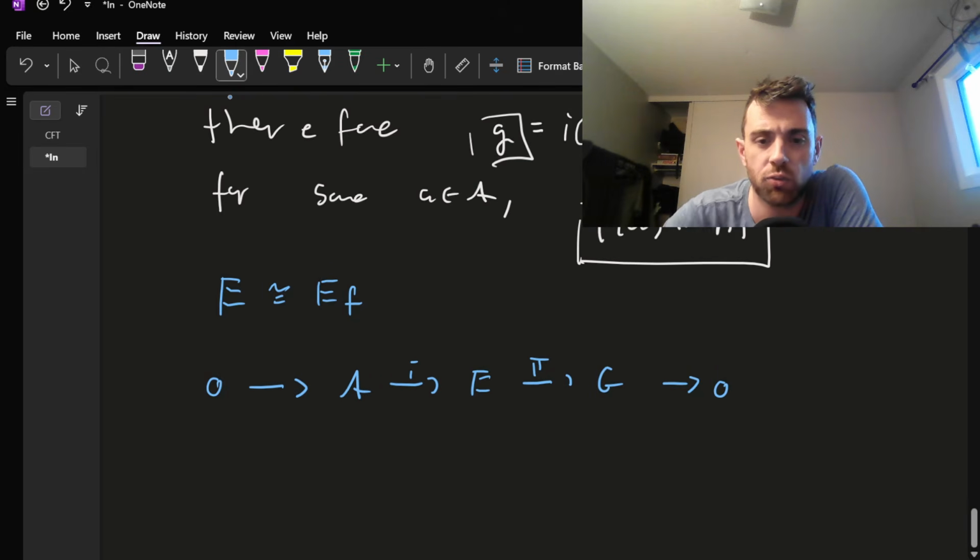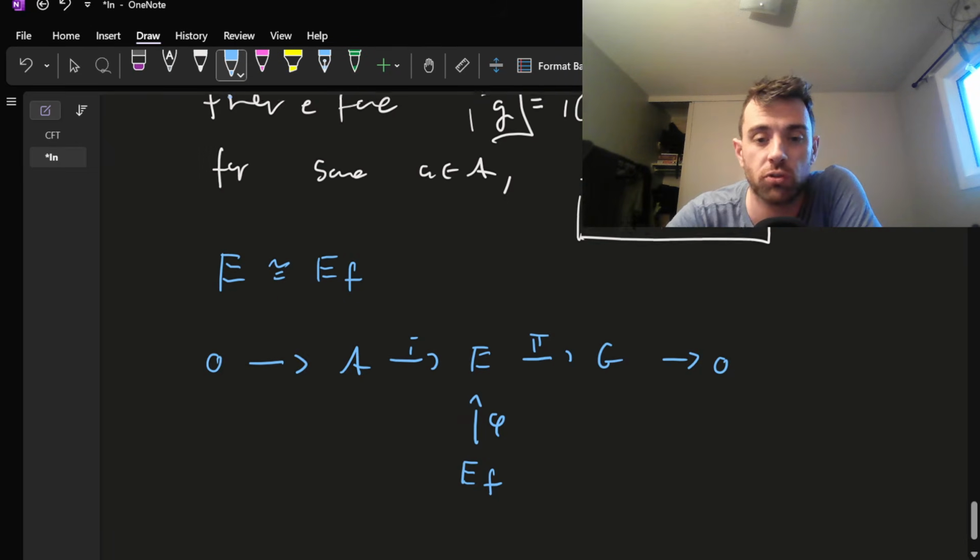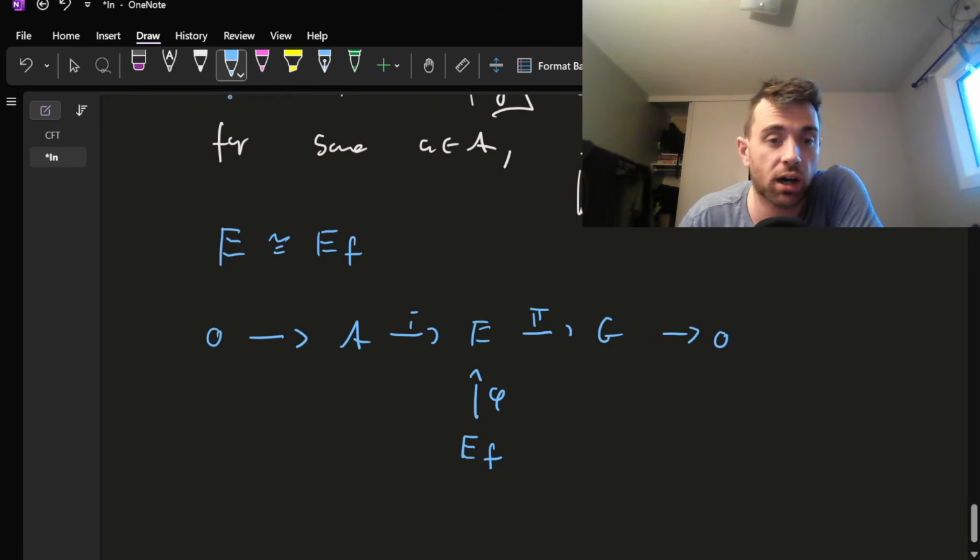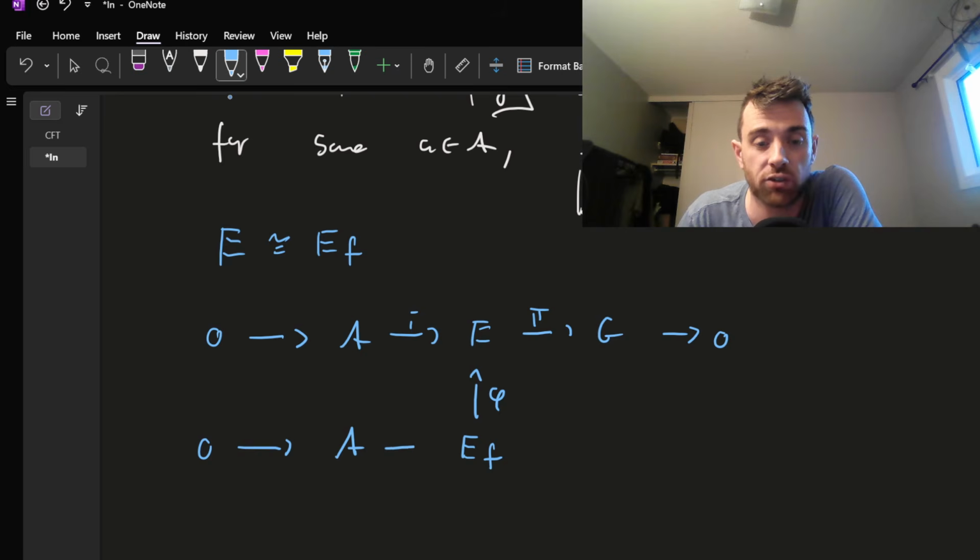And yes, we have an isomorphism, phi, abstractly of these groups, but I claim that something even stronger is true. I still have an exact sequence where here, this is the map that sends A to A, 1.